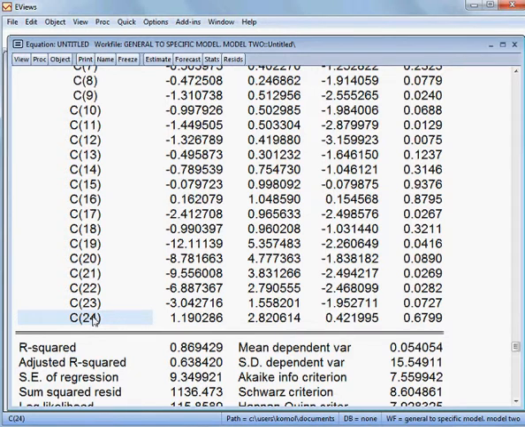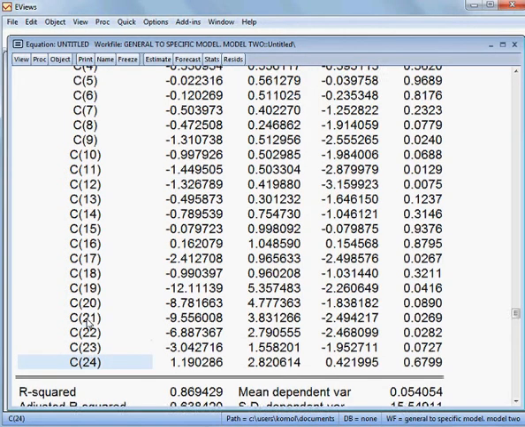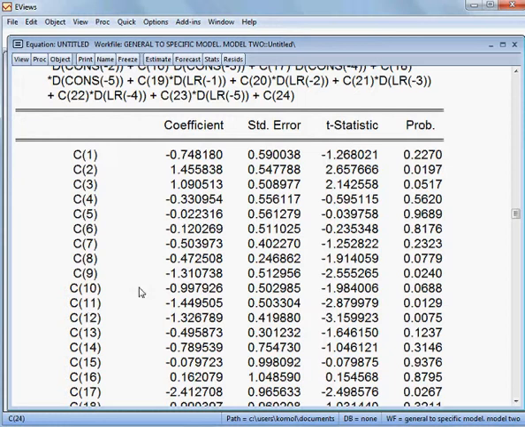We have 24 coefficients, and here is the coefficient standard error. This divided by this gives the t value, and here I can get the p value, the probability value. All are here.